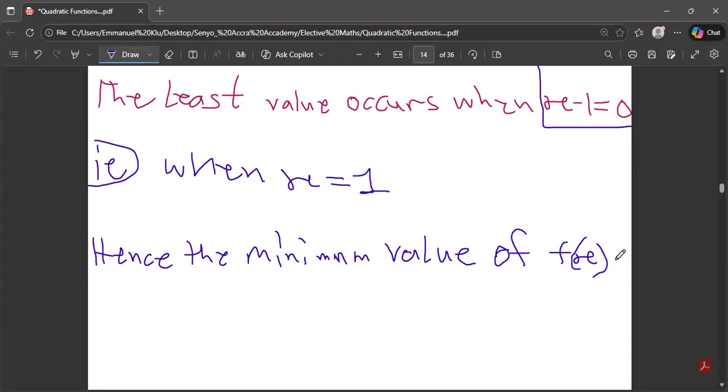Tell me. 7, exactly. And hence the minimum value of f of x is 7. Full stop. So when you tell the examiner this alone, you won't lose marks. You are surely going to get your marks.